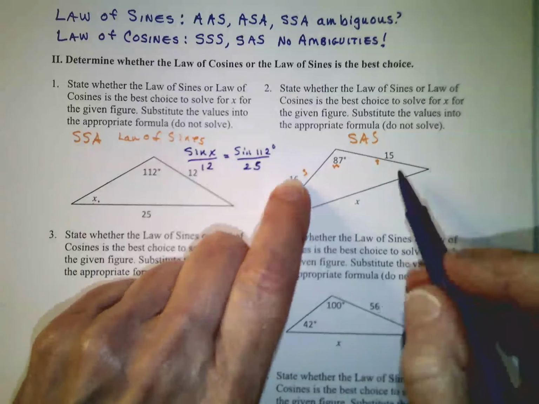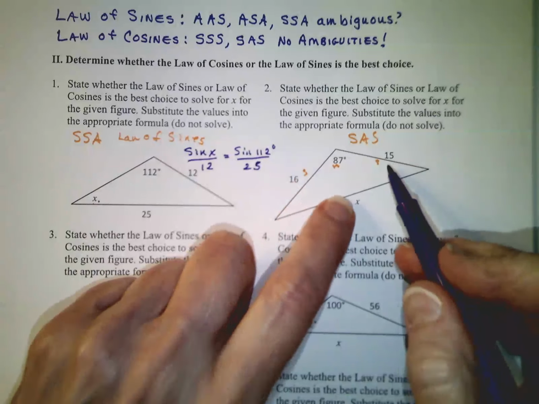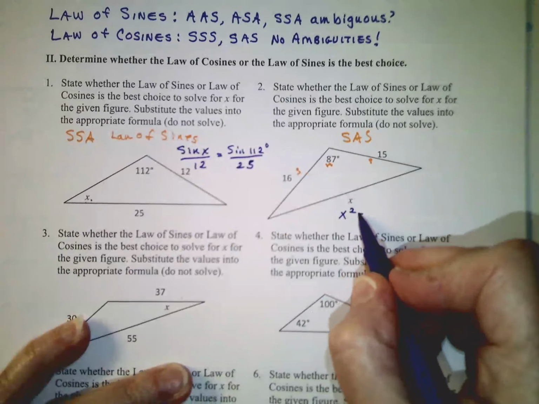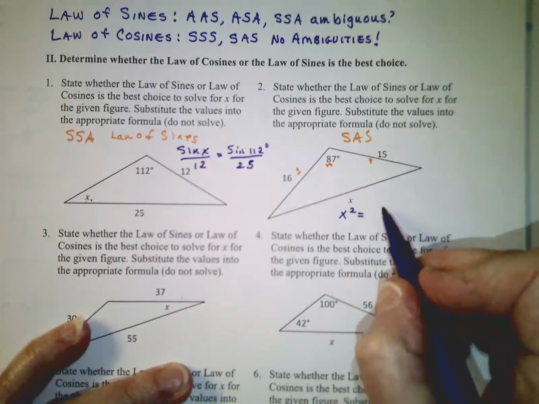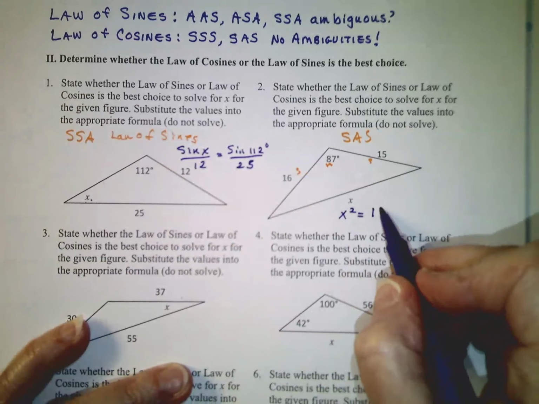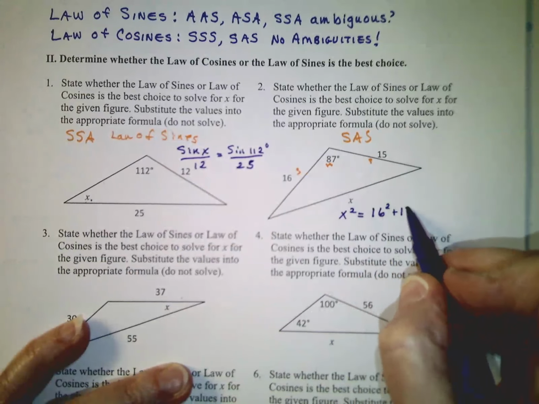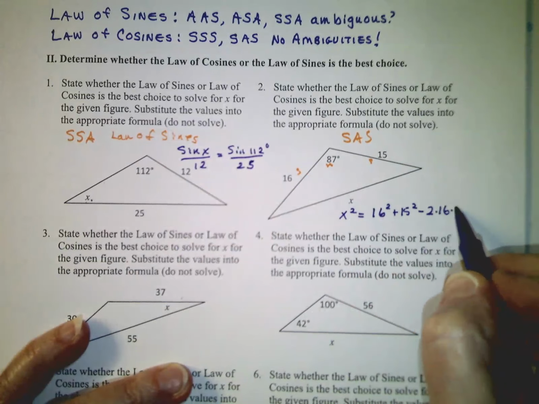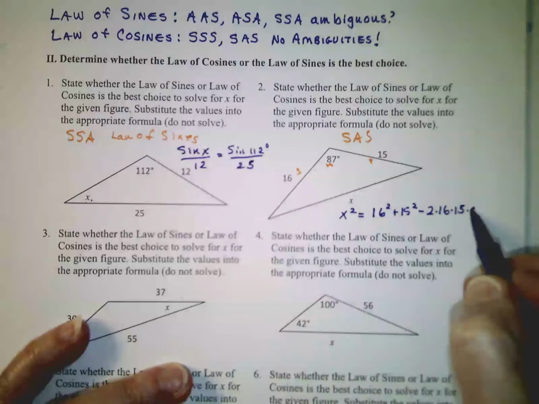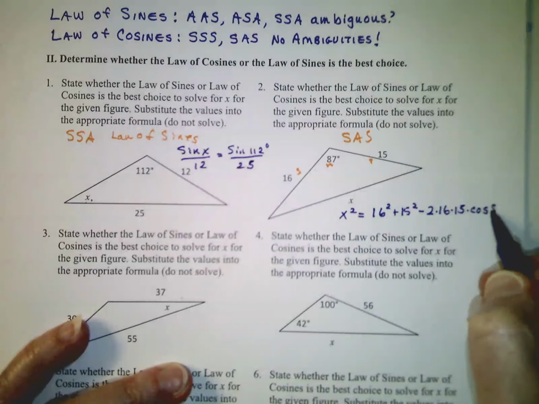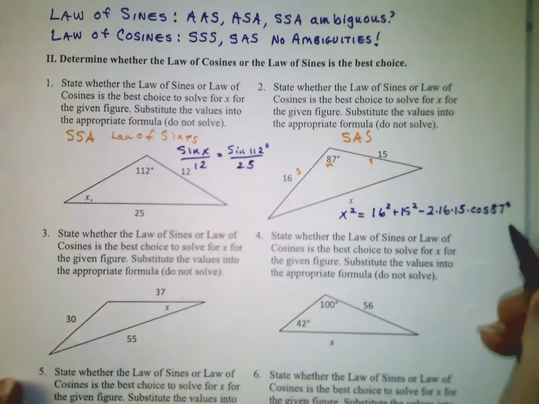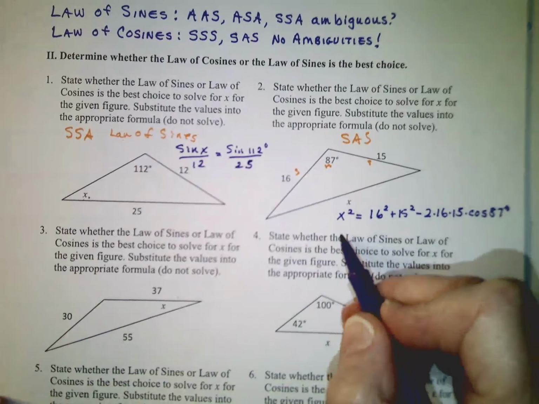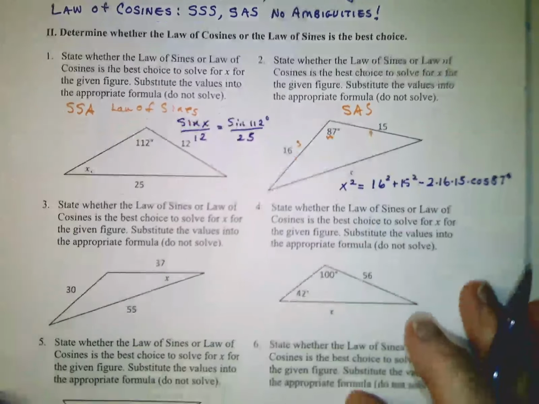In the middle, we're going to have the lengths of the other two sides filling in. So we'd have x squared equals, and then the other two sides squared added together minus 2 times those other two sides times the cosine of the opposite angle. And we could just poke all of that in the calculator, find out who x squared is, take the square root, and we're done.